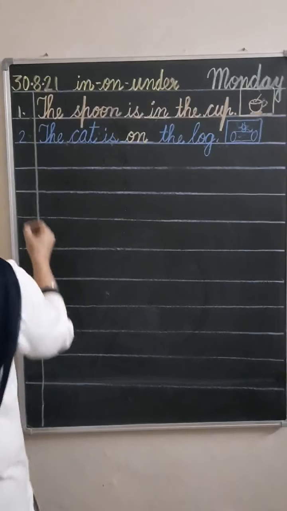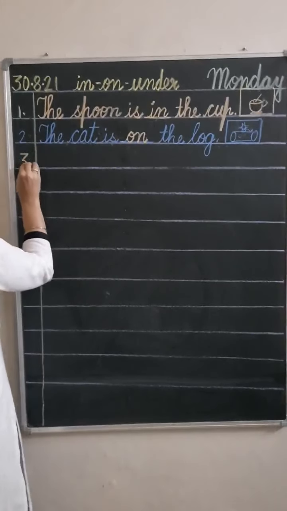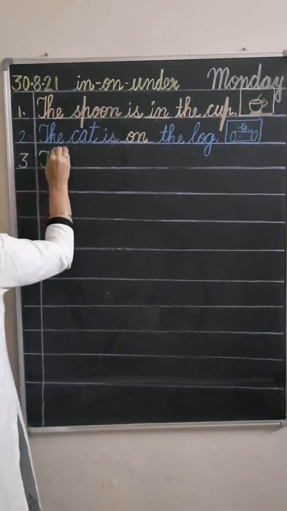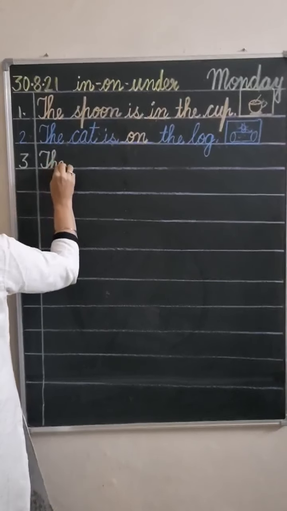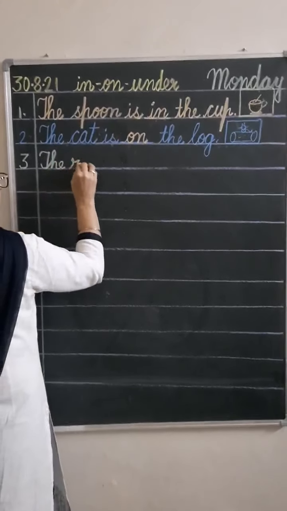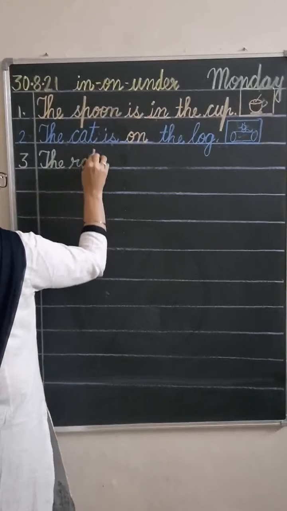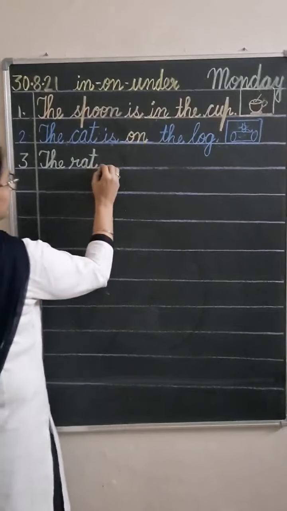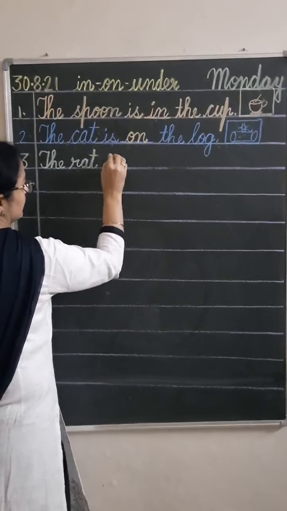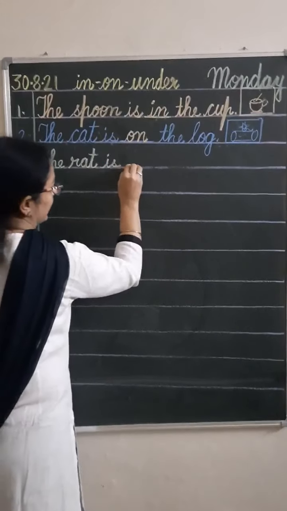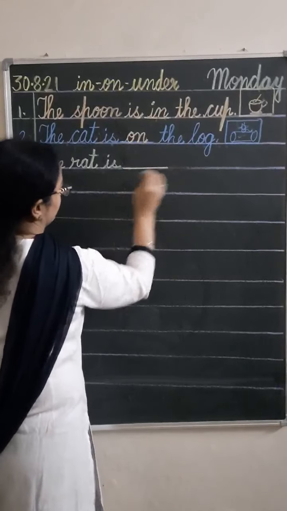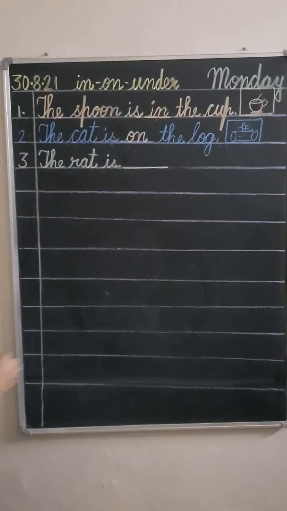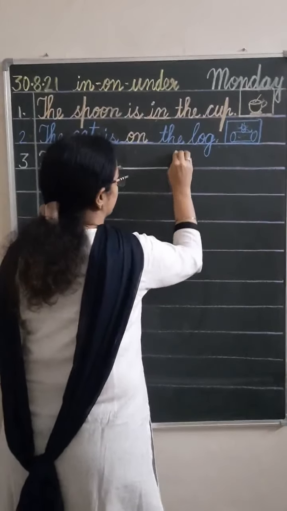Okay. Now the next is number 3, the rat. Capital T, then small h, small e. The rat, RAT, rat. Cut on the small t. The rat is, is. Put dot on small i and here leave the blank. Okay, इन और अंडर फिल करने के लिए the rat is dash the chair.